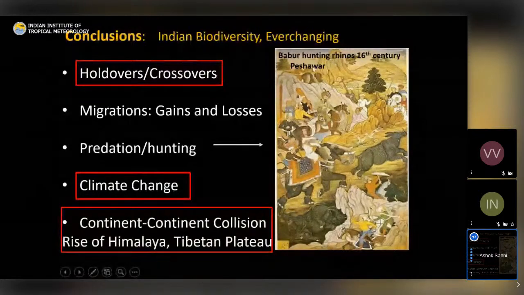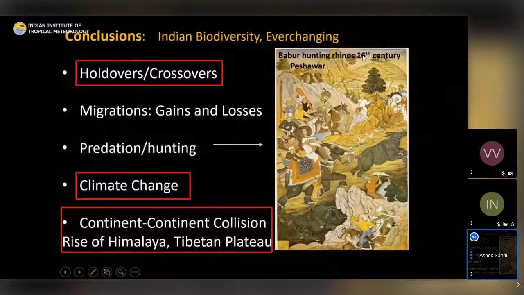So there was a forested area in Peshawar in the 16th century. And right now, what has happened in 500 years? We're trying to preserve the rhino in one sanctuary in Assam. So predation does count, but it's difficult to make this out in the fossil record. But this is a factor as far as biodiversity is concerned.